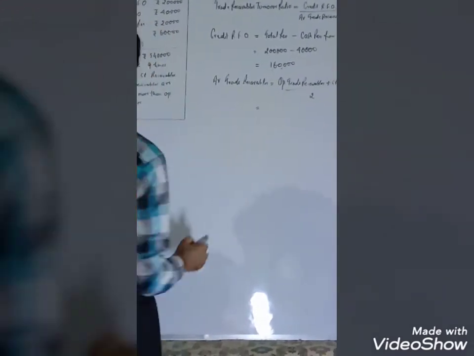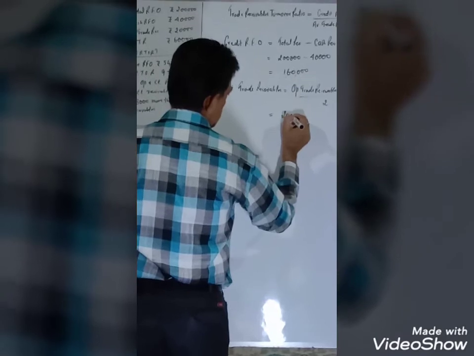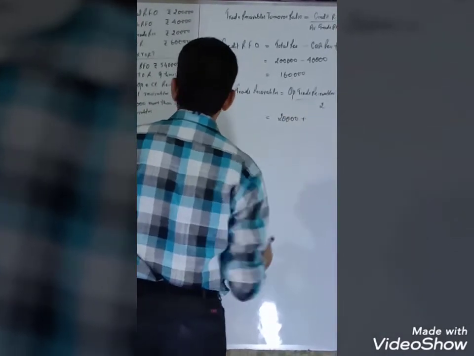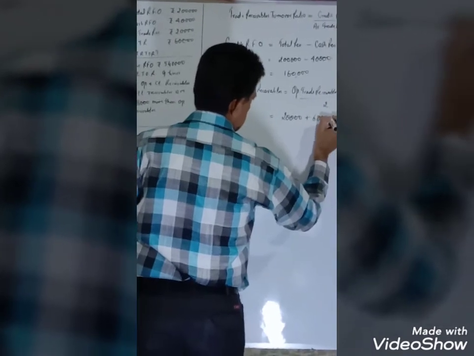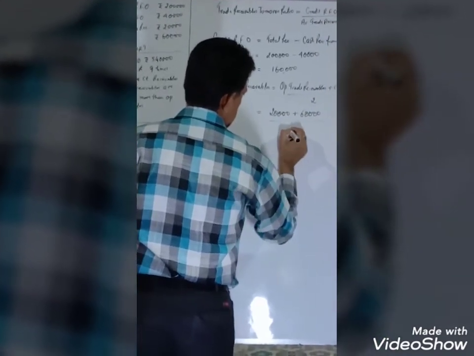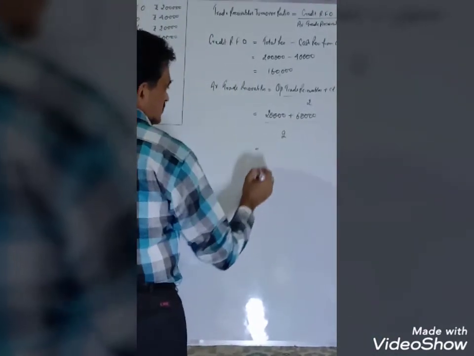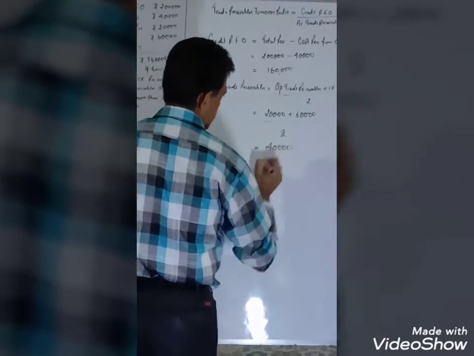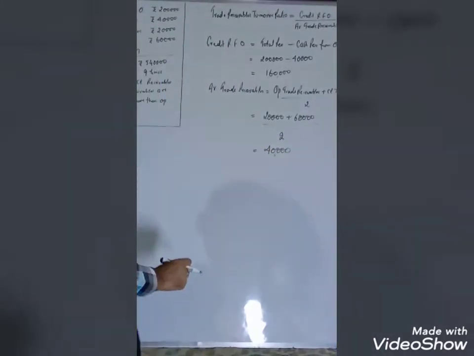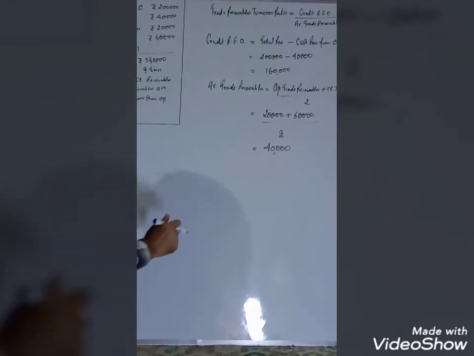Opening trade receivables we are having rupees 20,000, and closing trade receivables are rupees 60,000, divided by 2. 80 divided by 2, we will get 40,000. 40,000 is the average trade receivables.